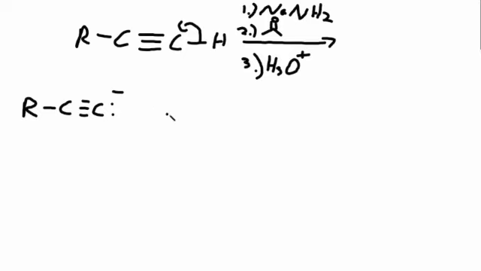Now we have this plus our acetone. You should recognize that carbonyl group. These electrons are going to attack right there. Those electrons are going to go onto the oxygen atom, and we're going to get a charged intermediate.